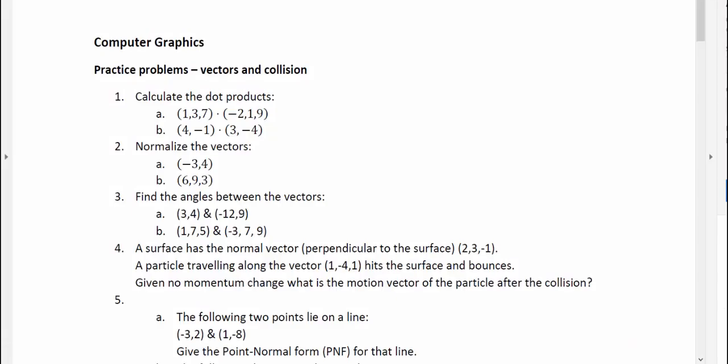Alright, continuing. Number 3. Find the angles between the vectors (3, 4) and (-12, 9).